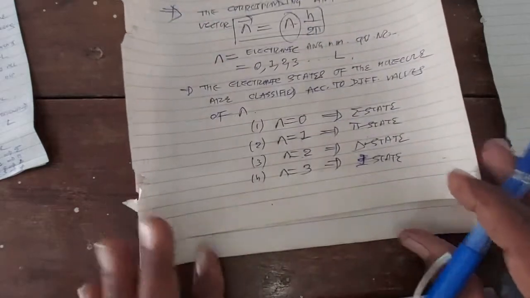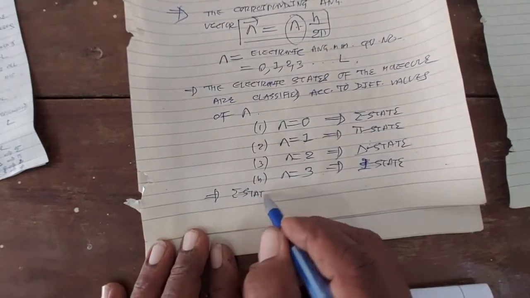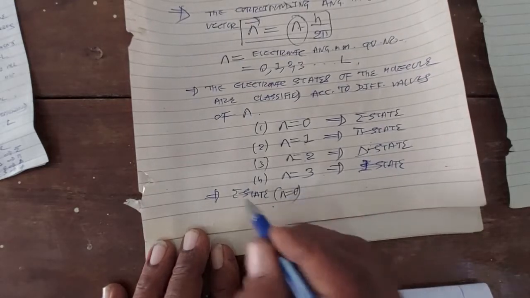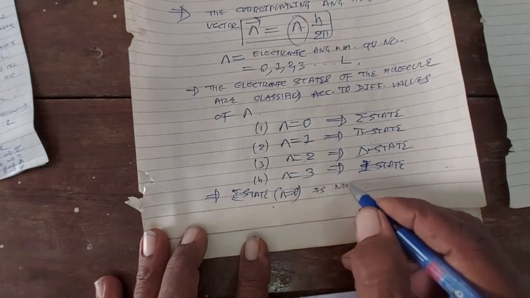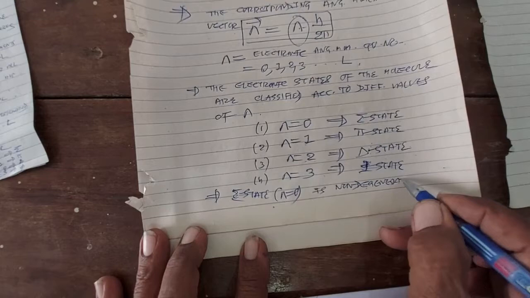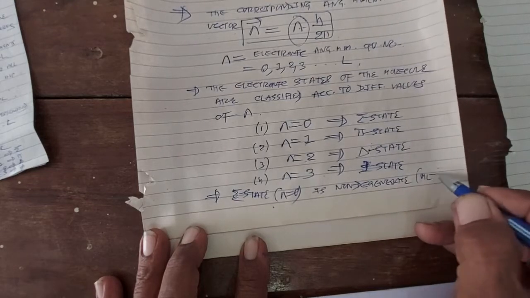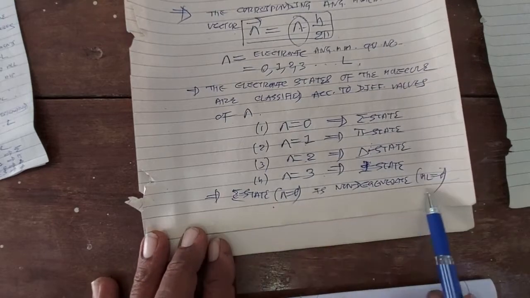So here, the sigma state for which lambda is equal to 0, ml equal to 0, is a non-degenerate state.